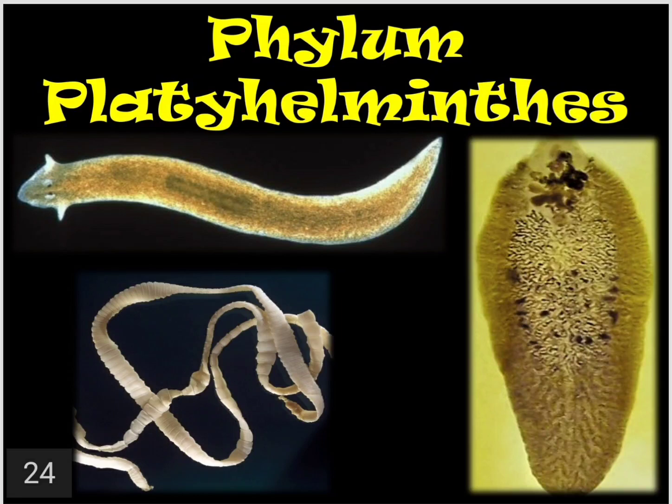These animals are hermaphrodite, which means that the male and the female reproductive systems are both present inside the same animal's body. We cannot say that this animal is a male or this animal is a female in Platyhelminthes. Each and every animal belonging to phylum Platyhelminthes has both a male reproductive system as well as a female reproductive system inside the body.